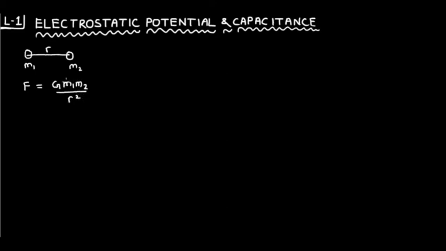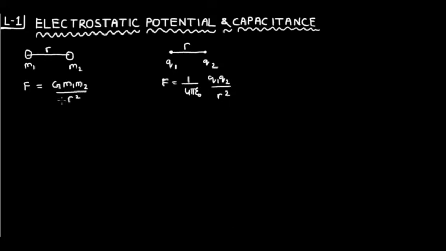Similarly, in Coulomb's law, we had discussed that if we have 2 point charges carrying charges q1 and q2, and if r is the separation between them, then the Coulombic force or the electrostatic force between these two charged particles is given by F equal to 1 by 4 pi epsilon naught q1 into q2 by r square.